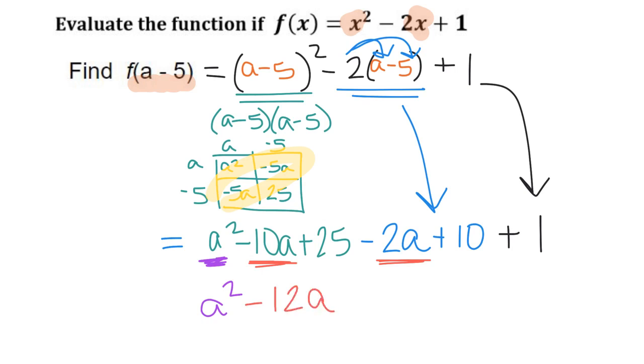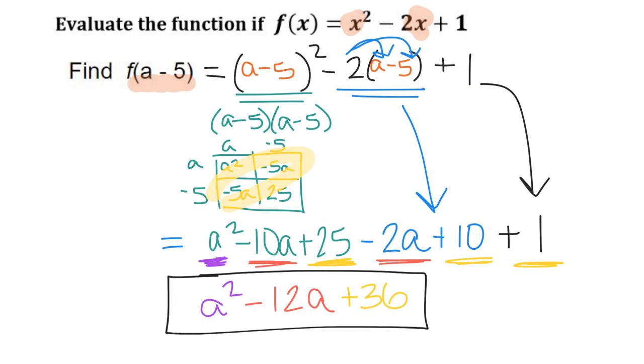And last but not least, I'm looking at whole numbers. So I see a plus 25, I see a plus 10, and a plus 1. So we are at a total of plus 36 for that. So our final answer, when all terms are combined, would be a squared minus 12a plus 36.